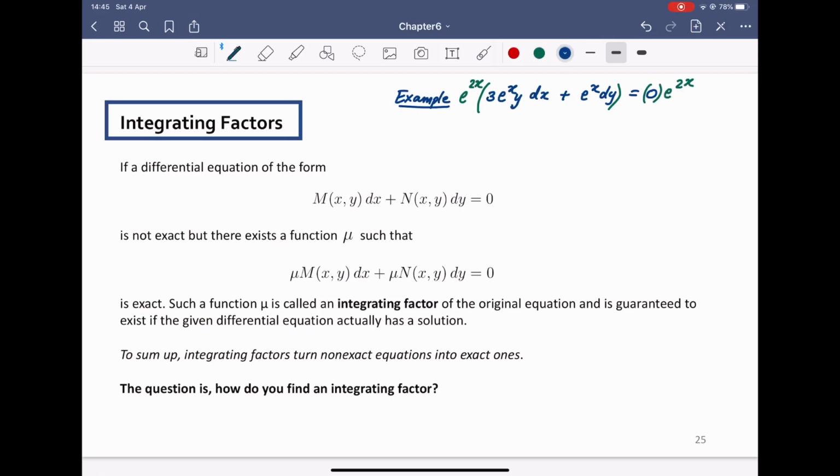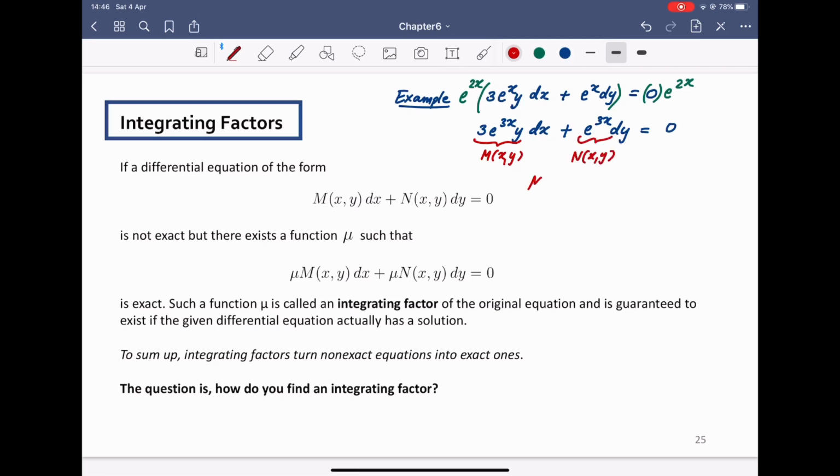On the left hand side, my transformed differential equation is going to be 3e^(3x) y dx + e^(3x) dy = 0. Now let's check the exactness of this differential equation. I will let M be this thing, and I will let N be e^(3x).